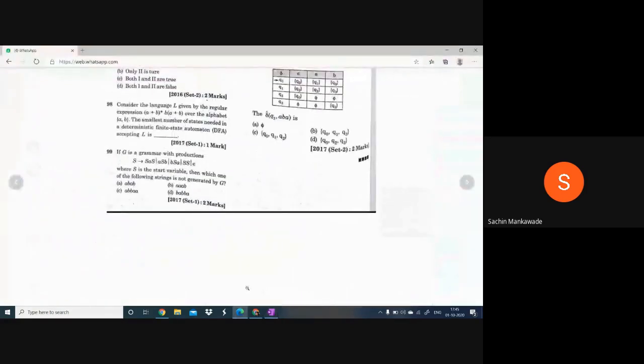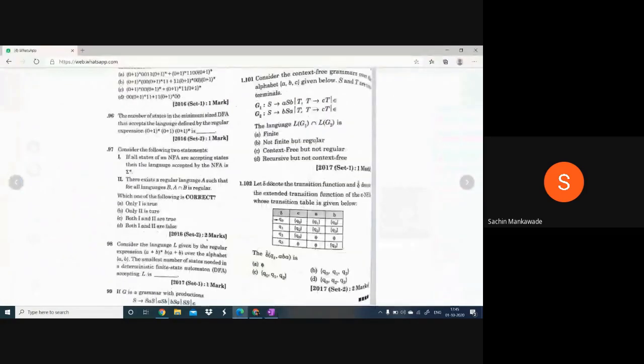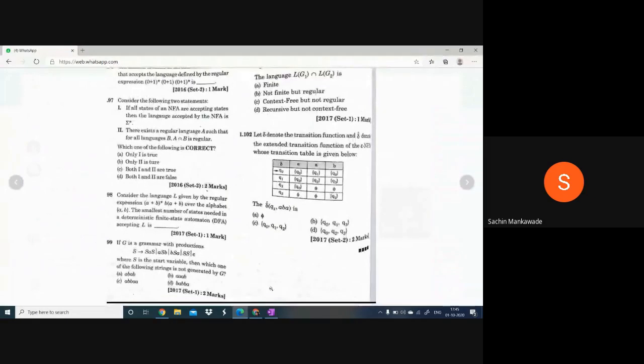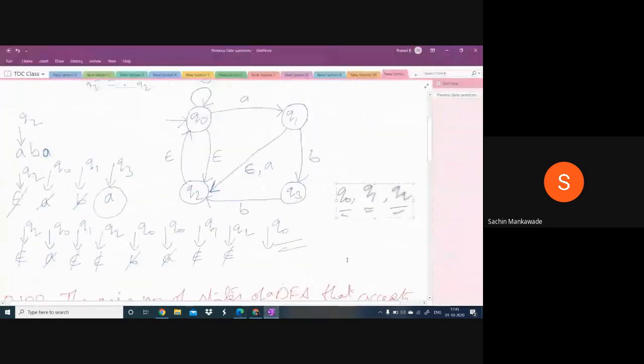Answer is this one, C. C is the answer, Q0, Q1, Q2. Do you understand?